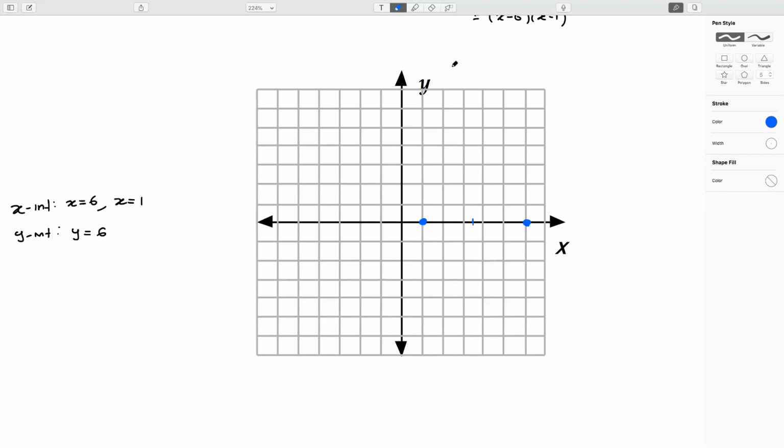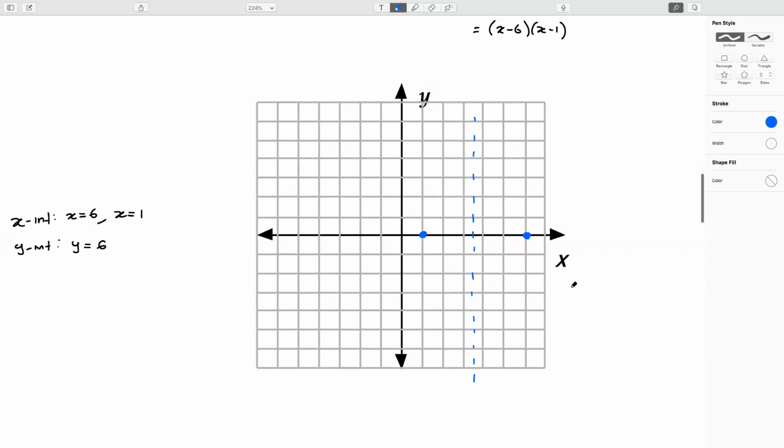So I know my axis of symmetry is on this line, x equals 2.5. If I wanted to calculate this, I can just take the average of these two numbers. I can take the maximum, subtract the minimum, and divide by 2. So I can take 6 minus 1 divided by 2.